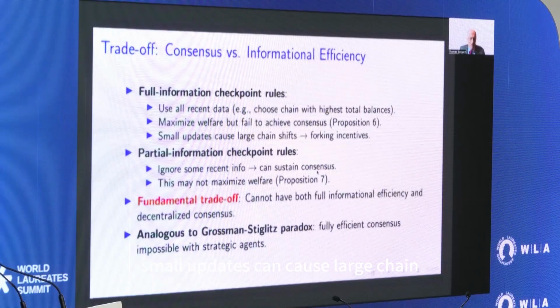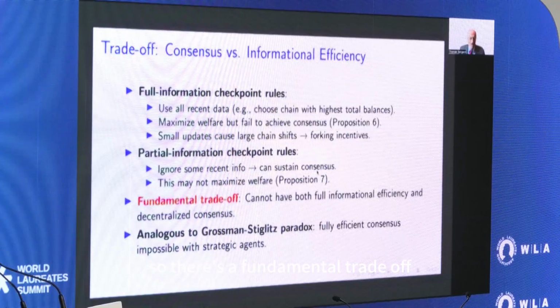Small updates can cause large chain shifts because there are forking incentives. And what you can do is fight this by having partial information checkpoint rules. You ignore some recent information. Then you can get consensus if you want, but that's not going to be the most efficient thing.